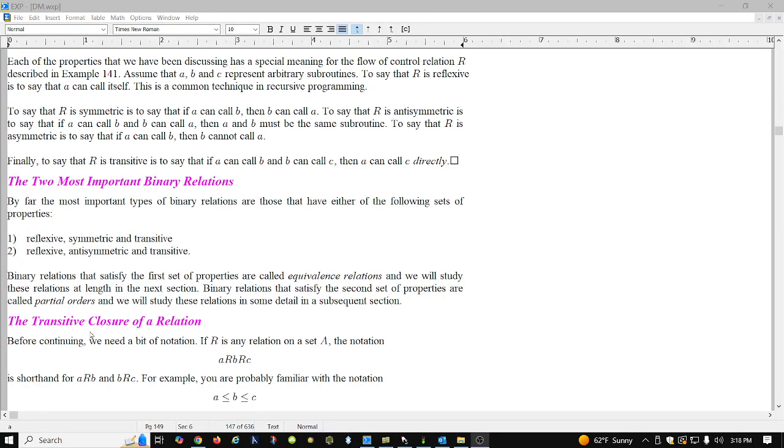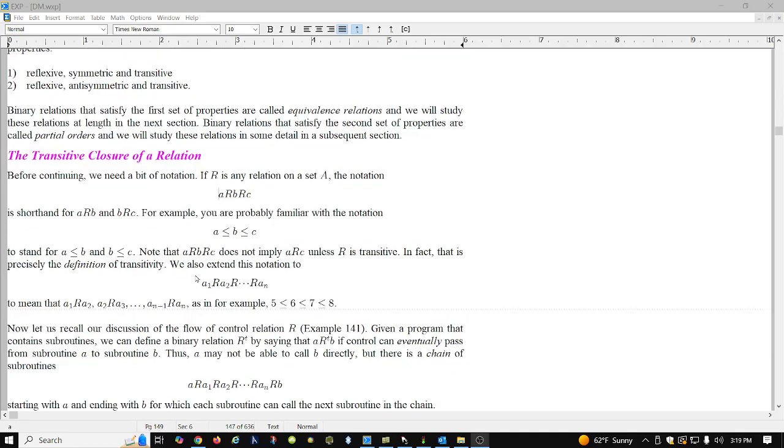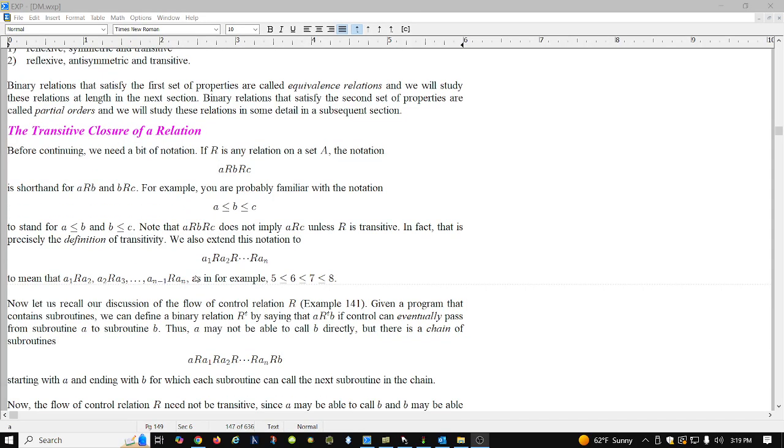One more topic that I want to cover, because it can be quite important in certain circumstances, is called the transitive closure of a relation. And to begin, we need just a tiny bit more notation. If R is a binary relation on a set A, the notation ARBRC is shorthand for ARB and BRC.